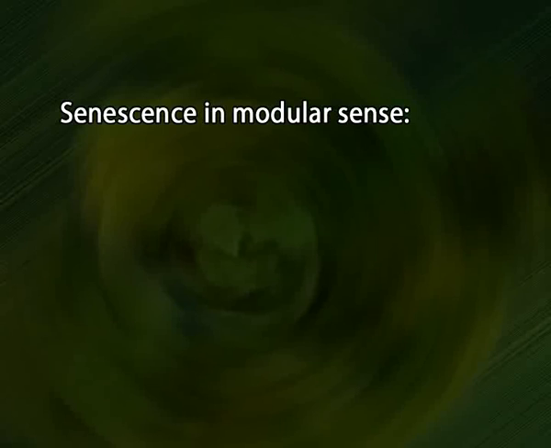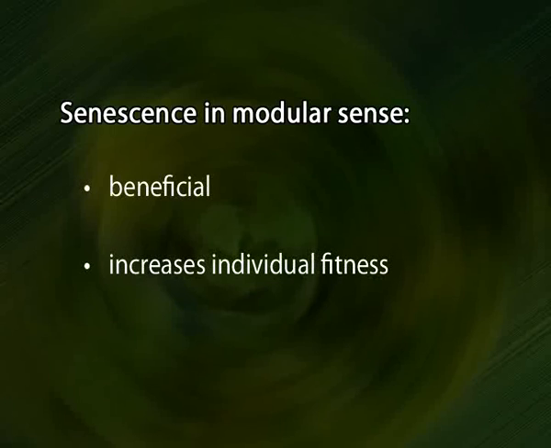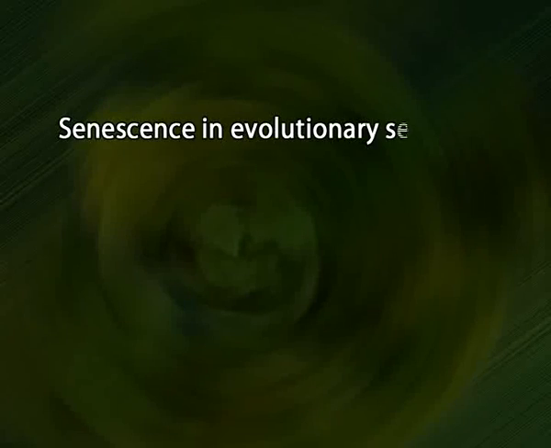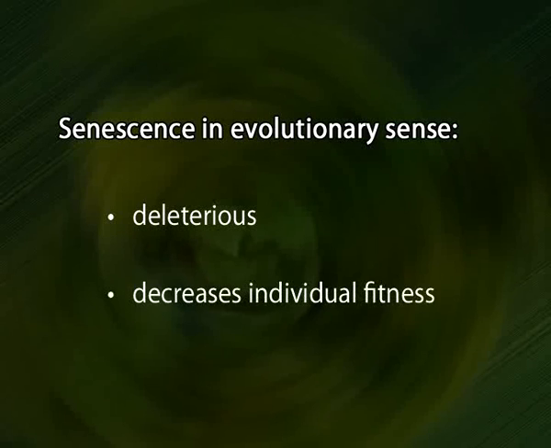Senescence in the modular sense is generally considered a beneficial process which increases the individual fitness by allowing a plant to get rid of the old redundant structures or as a prelude to the onset of harsh environments. But in the evolutionary sense, senescence is a deleterious phenomenon which decreases the fitness of the individual.